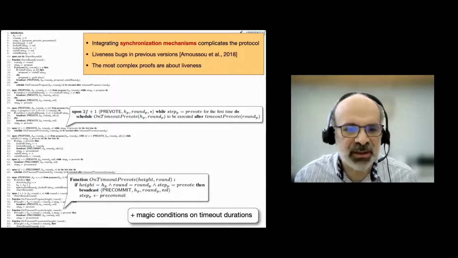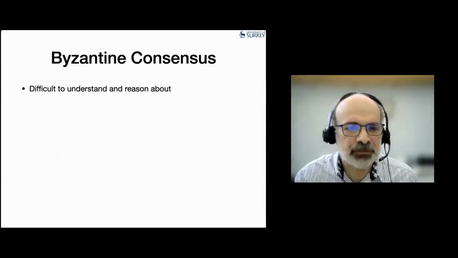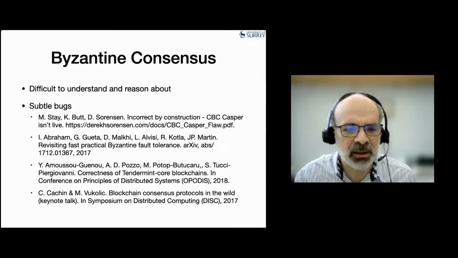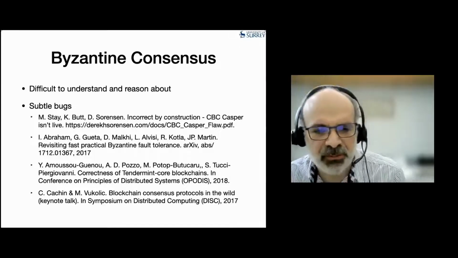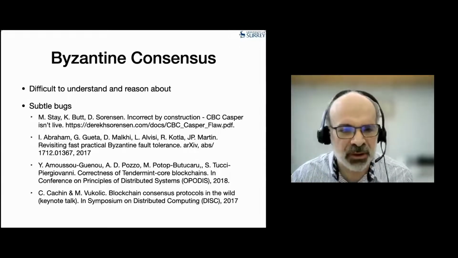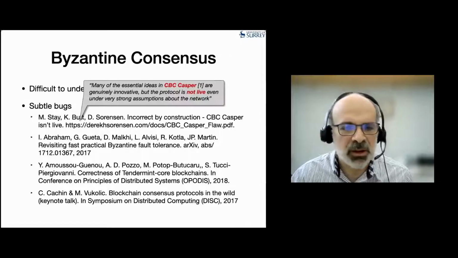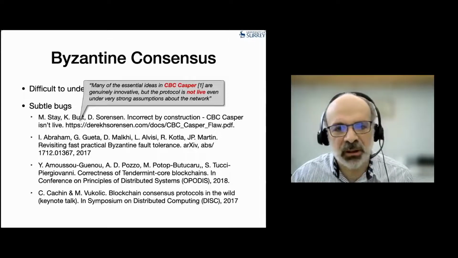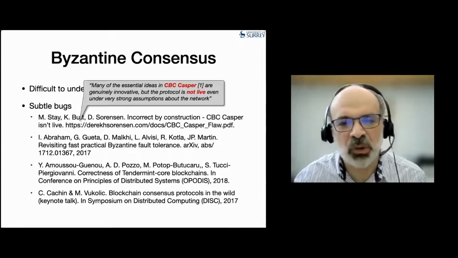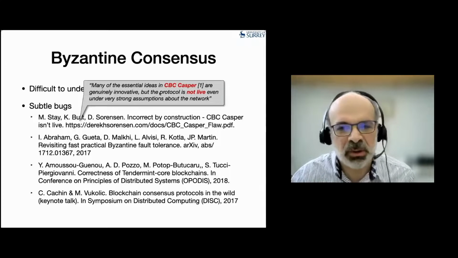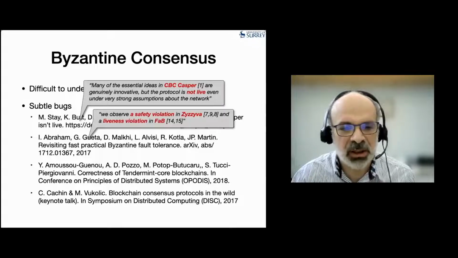That led to bugs, and these bugs have been reported in a number of papers. Just to give you some quotes, this is the famous correct-by-construction Casper bug: it's definitely innovative, but the protocol is not live, even under very strong assumptions about the network.